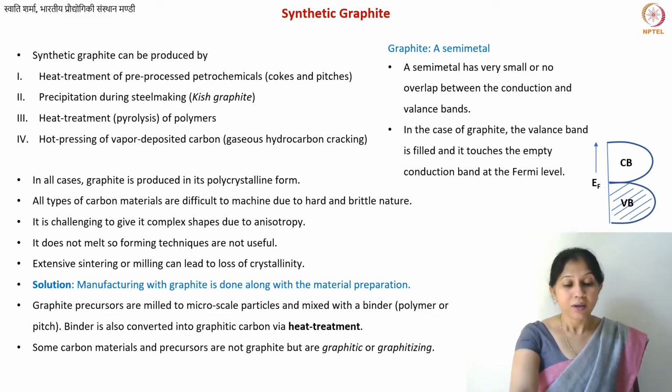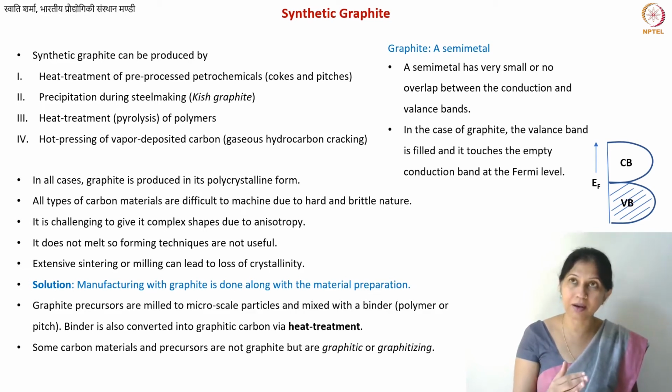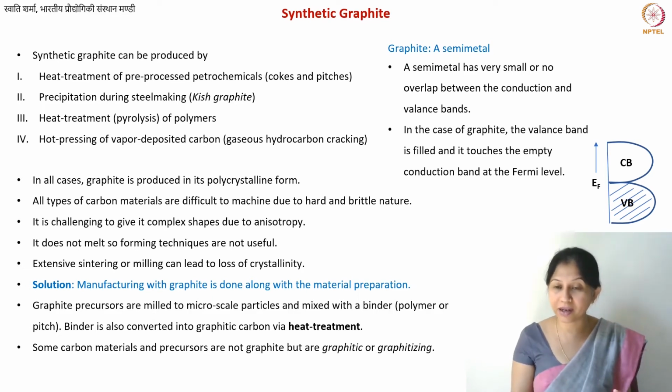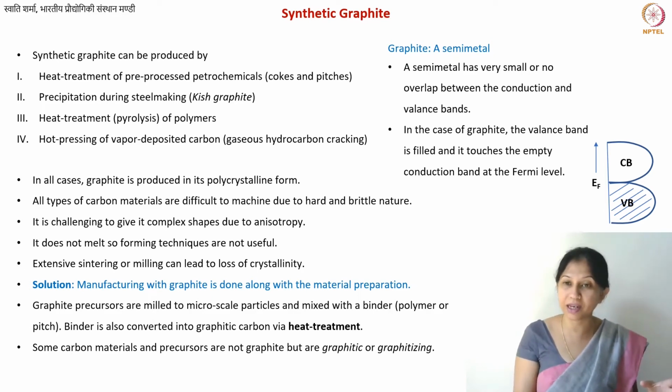Now an interesting part is that when you learn about graphite or graphite related materials, there are certain definitions that you need to know. In fact, that is where all the confusion comes from in the field of carbon, because people don't know these definitions. What is graphitic? What is graphitizing material? What is non-graphitizing material?